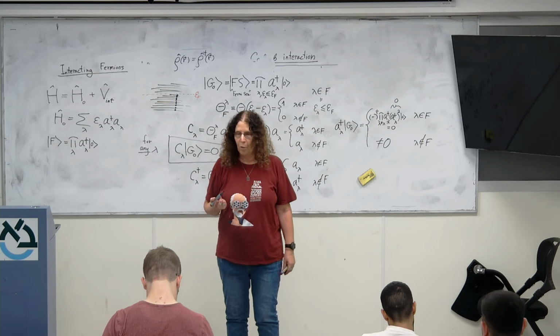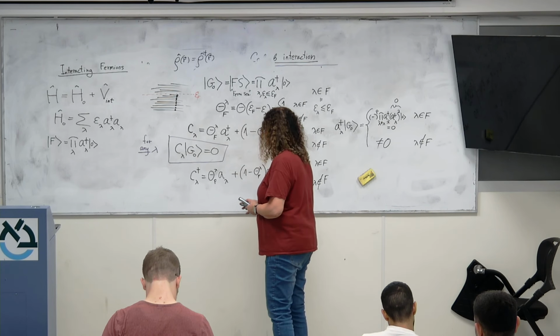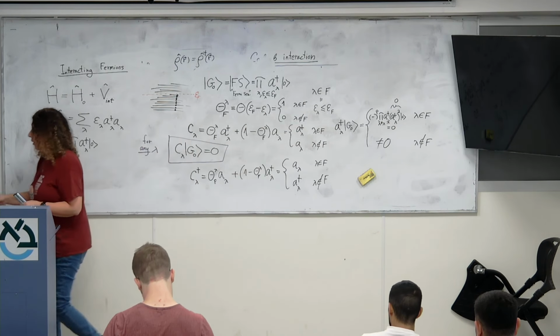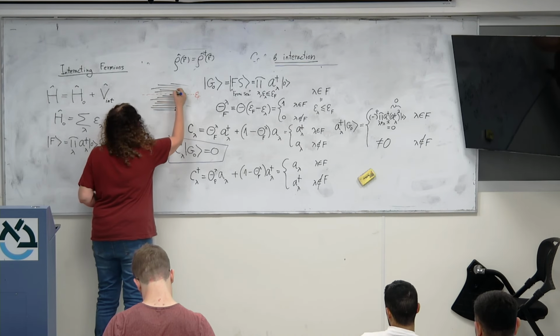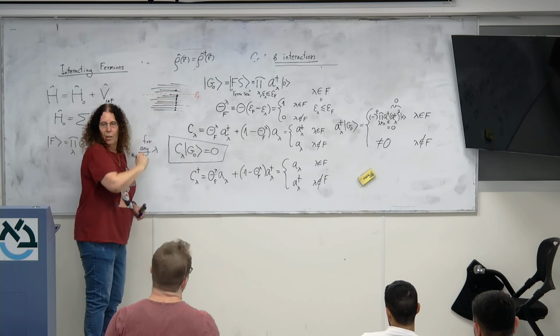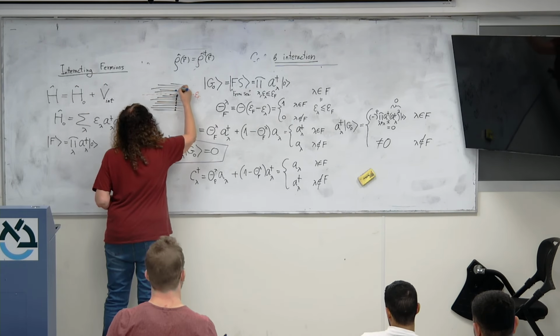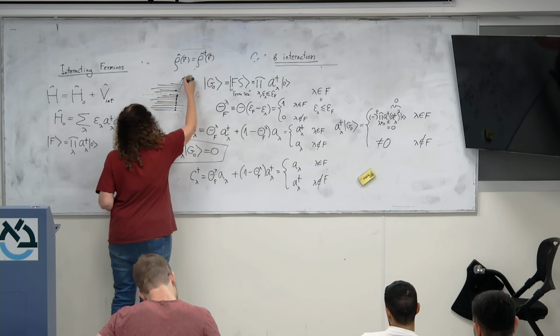But there are two kinds of excited state. One state is when you create, so you can either create an electron, a particle in some excited, higher energy state. This is what you get when you apply it.